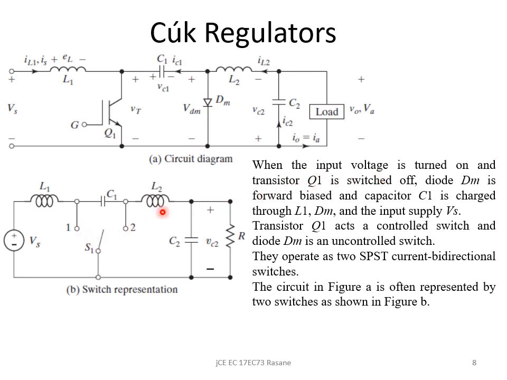When the input voltage is turned on and the transistor is switched off, the diode DM is forward biased by the polarity of these capacitors, and the capacitor C1 is charged through the inductor L1, DM and the input supply Vs. The transistor Q1 acts as a controlled switch and the diode DM acts as an uncontrolled switch.